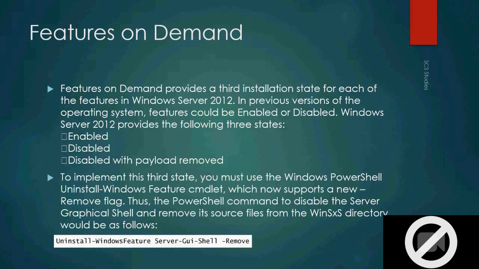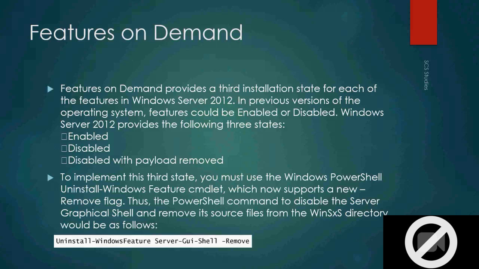Feature on demand. These are the things you have to learn. In previous versions of Windows, there were only two things available: enable and disable of a feature. But in 2012, there is a different option available, called disable and payload remove.